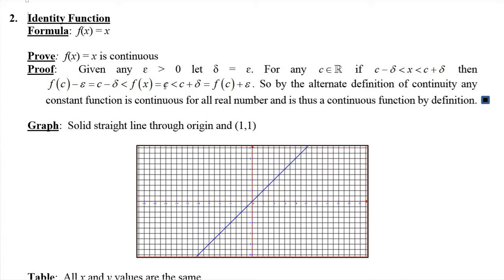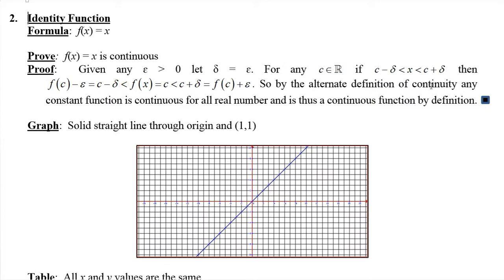And then we know that x, of course, is less than c plus delta, but c plus delta is f of c plus epsilon, because f of c is c, and delta is epsilon. So we've got f of x in the middle between f of c minus epsilon and f of c plus epsilon. And of course the function is defined there, f of c makes sense. So this in fact proves that f of c is the limit, and that f of c actually exists, so that makes this a continuous function.